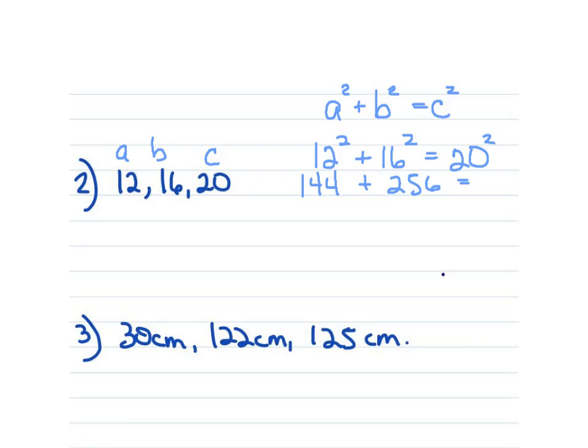And 20 squared is 400. Okay, so now the question is, is it true that 144 plus 256 is equal to 400? And the answer is yes. Therefore, what you can conclude is that these three sides do form a right triangle.